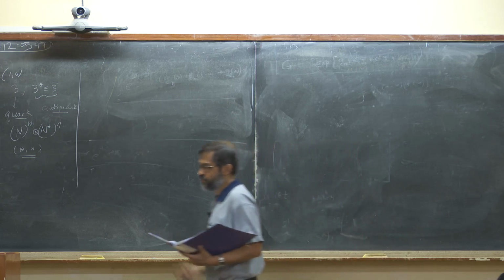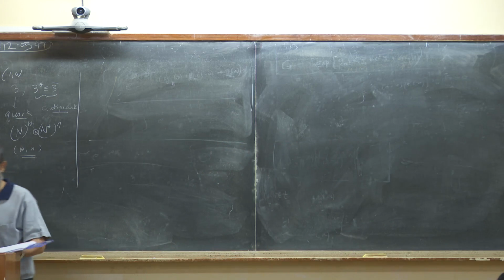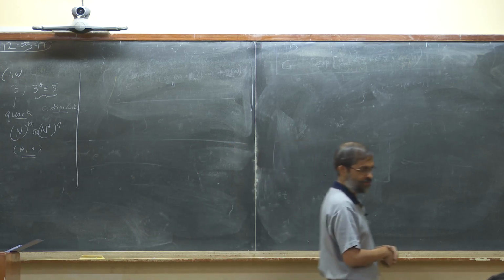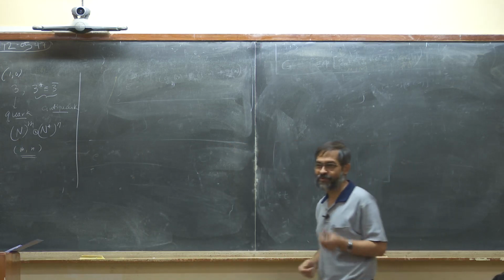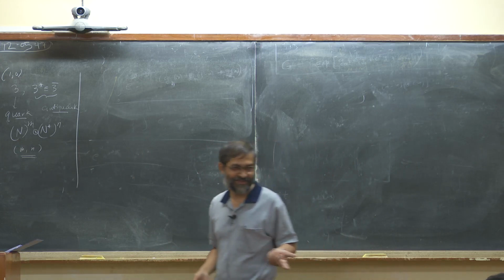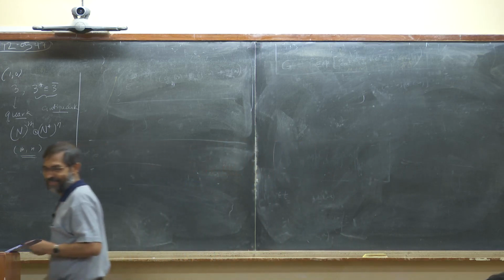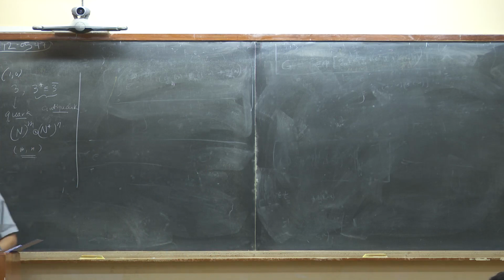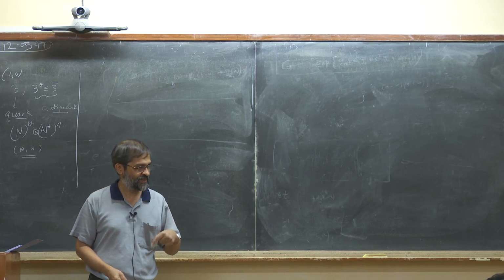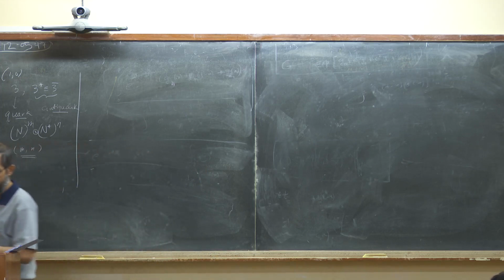Colors, of course, are the physicists' way of saying it, but it's just a three-dimensional representation. And often 1, 0, 0 is called red, and 0, 1, 0 is called blue perhaps, and 0, 0, 1 would be called green or something like that. Indeed, those would be the colors.